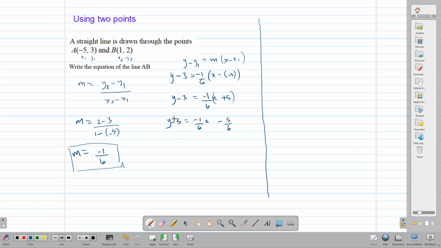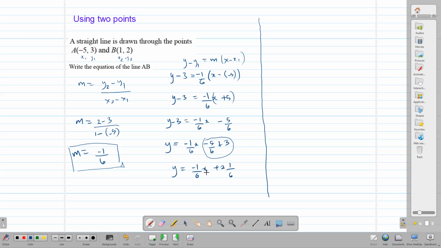Now we need to regroup this -3 on the other side of the equation. So we will have y = -1/6 x - 5/6 + 3. And when we combine these two together, -5/6 + 3, we end up with y = -1/6 x + 2 1/6.